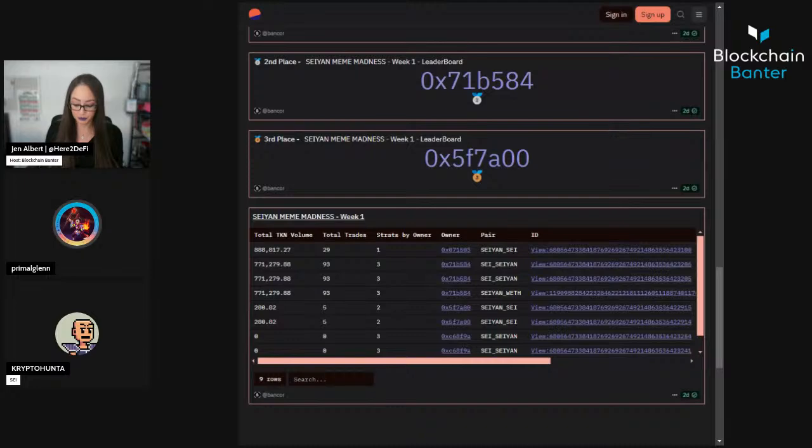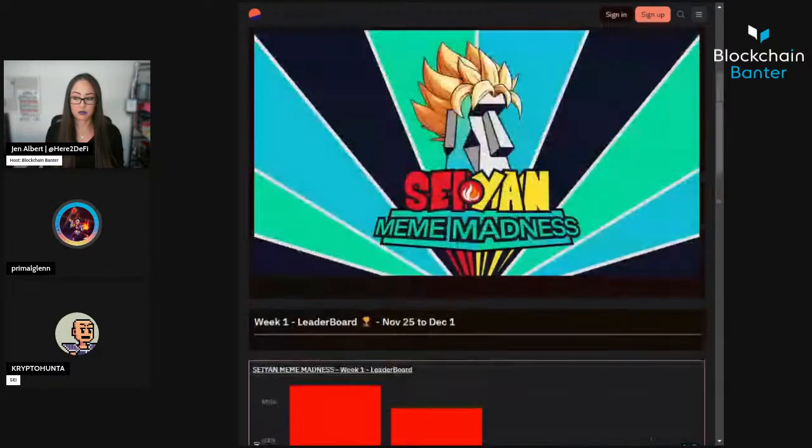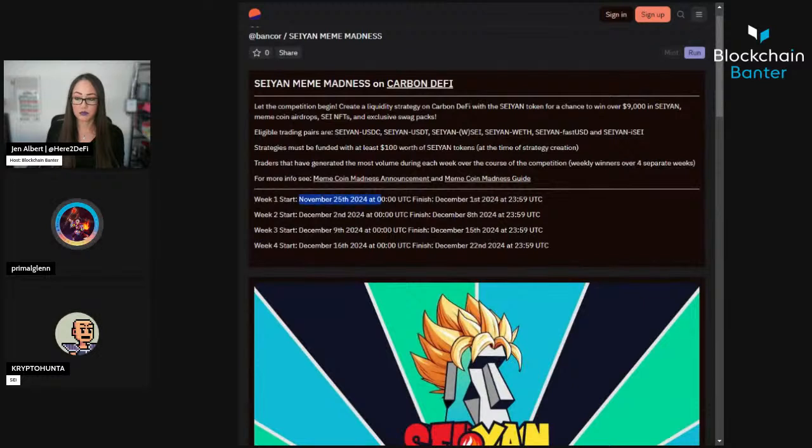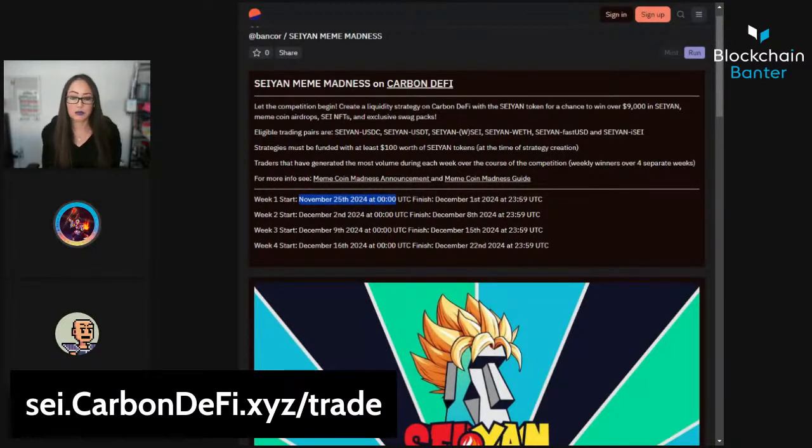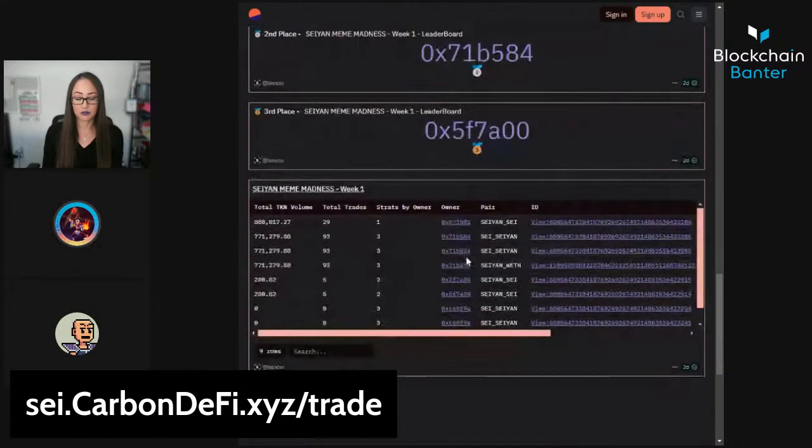And then obviously the volume will only start counting when the first week starts, at 0 UTC on the 25th. At that point, if you start generating volume, then your strategy gets counted, as long as you meet the requirements, right? You need $100 worth of SEI in order to qualify, and it has to be created under the trading pairs that were specified in the competition.